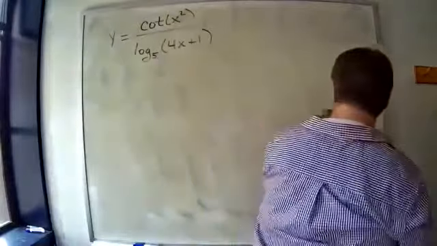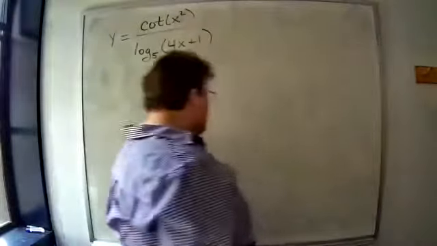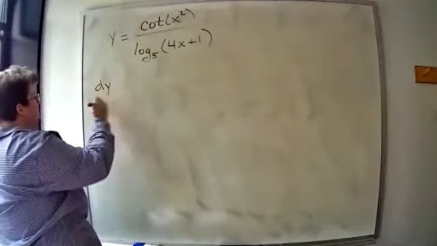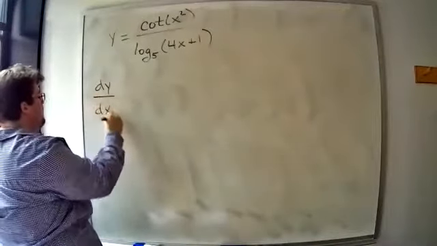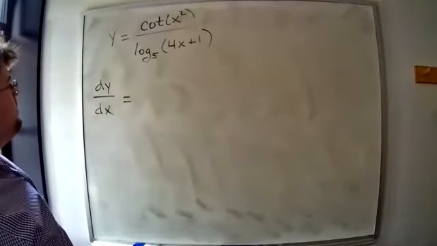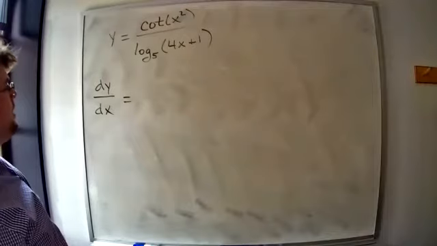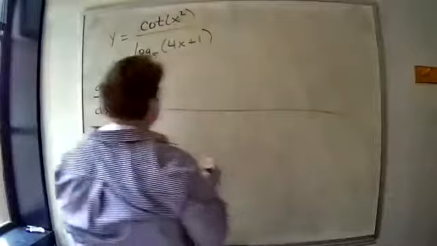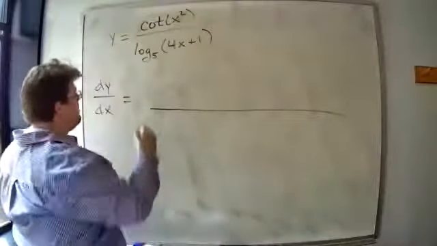We're going to need the quotient rule. So I'm going to start doing the quotient rule now, then fill in other information in a moment. Derivative of a quotient is bottom, derivative top, minus top, derivative bottom, over bottom squared. So let's write some of that out. So what do we have? We have bottom.